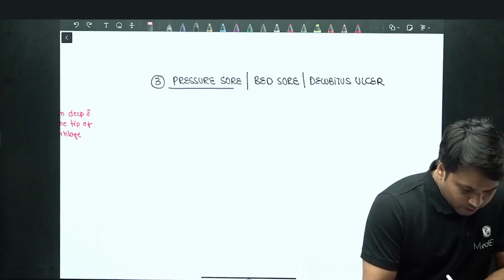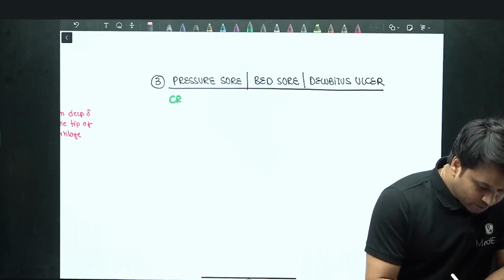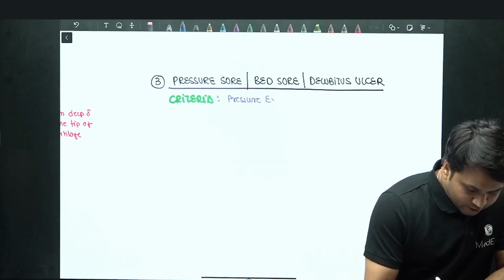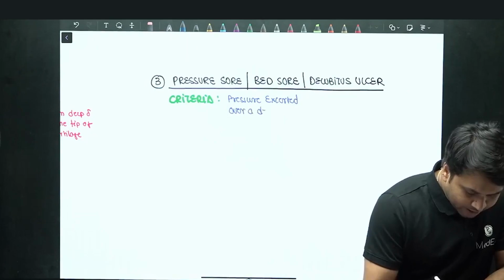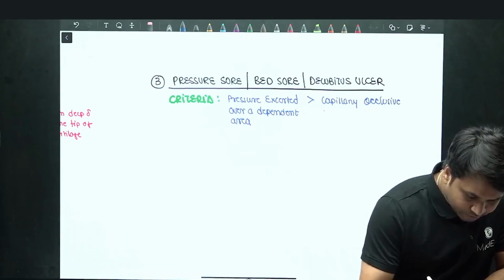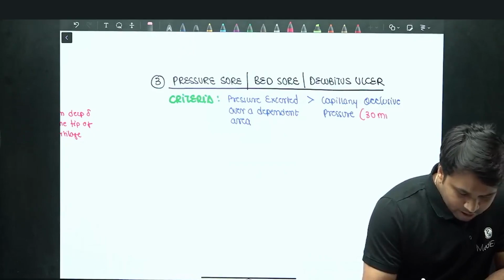Now, first of all, what is the criteria for developing a pressure sore? Remember, the most important criterion: if the pressure exerted over a dependent area is more than the capillary occlusive pressure, and the capillary occlusive pressure is 30 millimeters of mercury.